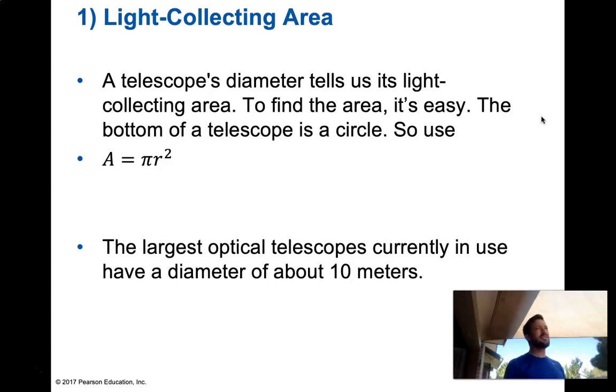If you want to get an idea of that, that's about 30 feet. Think about the portables in our classroom: the diameter of the mirror at the bottom of the telescope would be about as long as the long width of the portable. That's how big these telescopes have gotten.